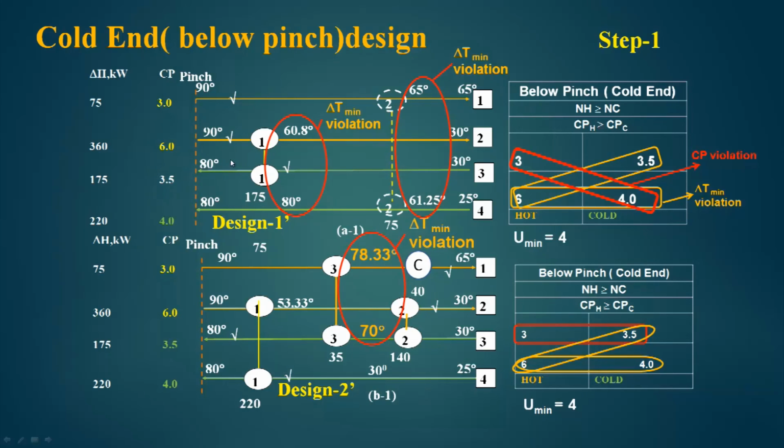Let us put a match between these two streams, that is 2 and 3. When we put a match between these two, which is termed heat exchanger number 1, the hot stream has a capacity to transfer 360 kilowatt, that is, number 2 stream can pass 360 kilowatt, and number 3 stream can take 175 kilowatt.